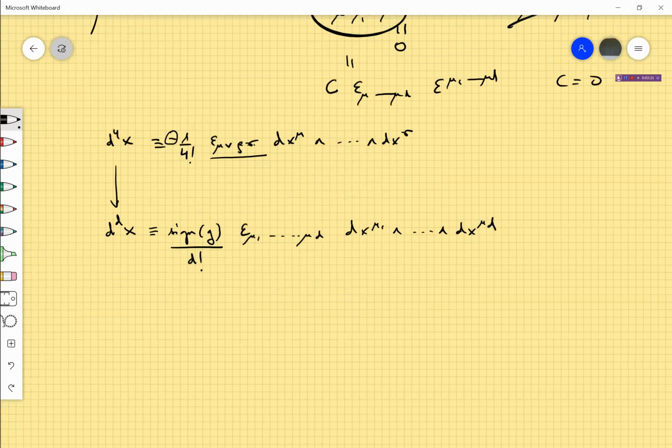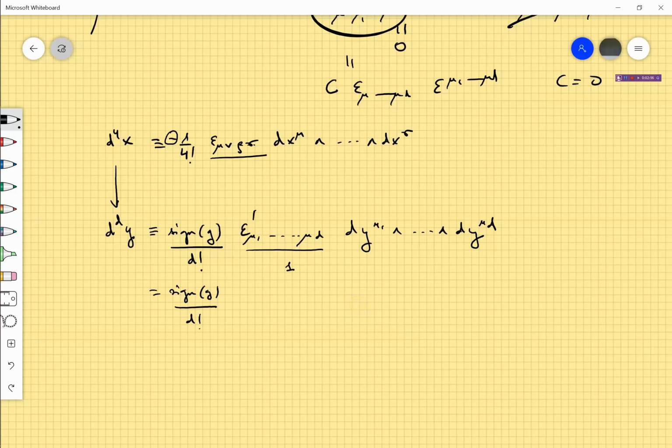We want to see how this transforms, so let me write now this in the transformed coordinates. This is epsilon prime, and these are the transformed coordinates y. And now I apply the definition. This is still the sign of g. And I don't need to look much further, because I know that this is a tensor density of weight 1.